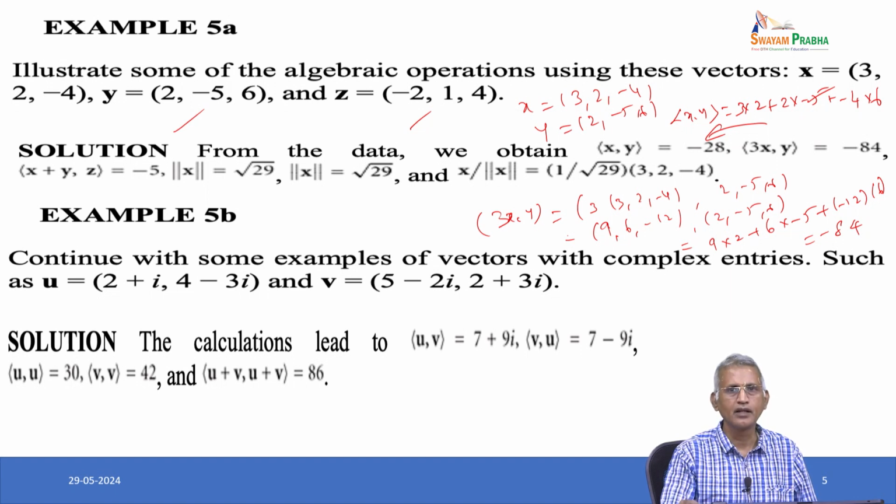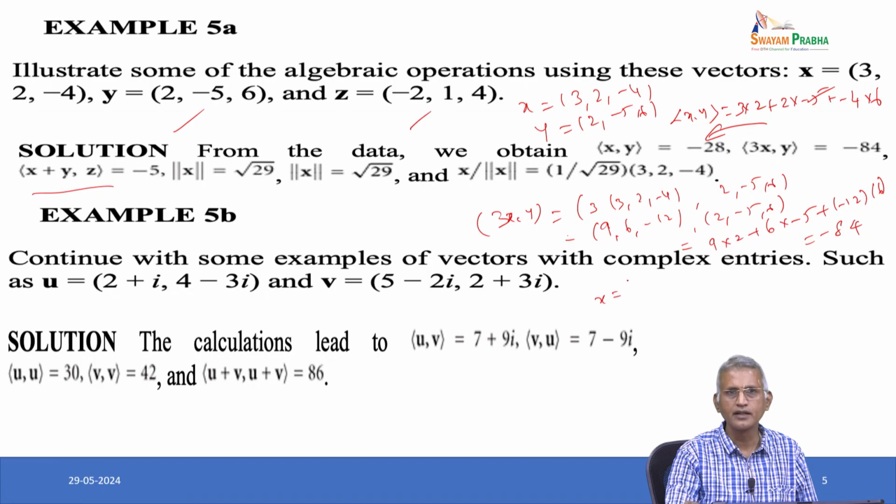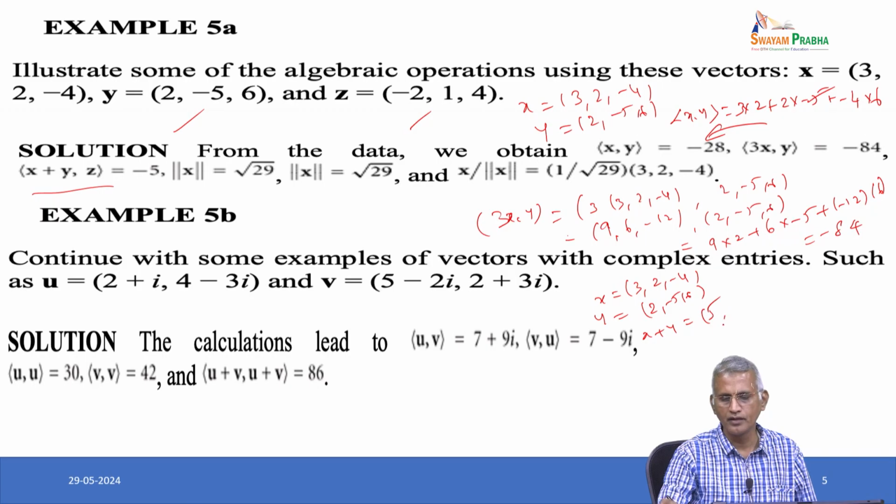Similarly, we can calculate x plus y comma z. X equals 3, 2, minus 4 and y equals 2, minus 5, 6, and then x plus y, simply add: 3 plus 2 is 5, 2 minus 5 is minus 3, and minus 4 plus 6 is plus 2. So this is x plus y.